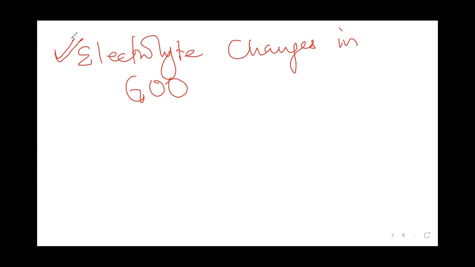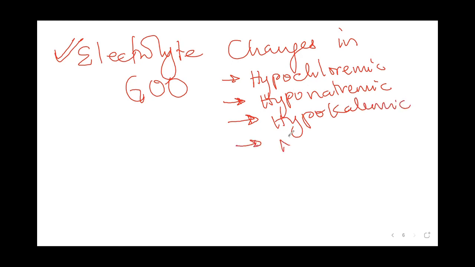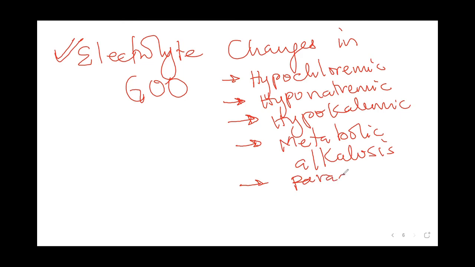Now, I told you in a patient with GOO, they have hypochloremic, hyponatremic, hypokalemic metabolic alkalosis, and paradoxical aciduria.